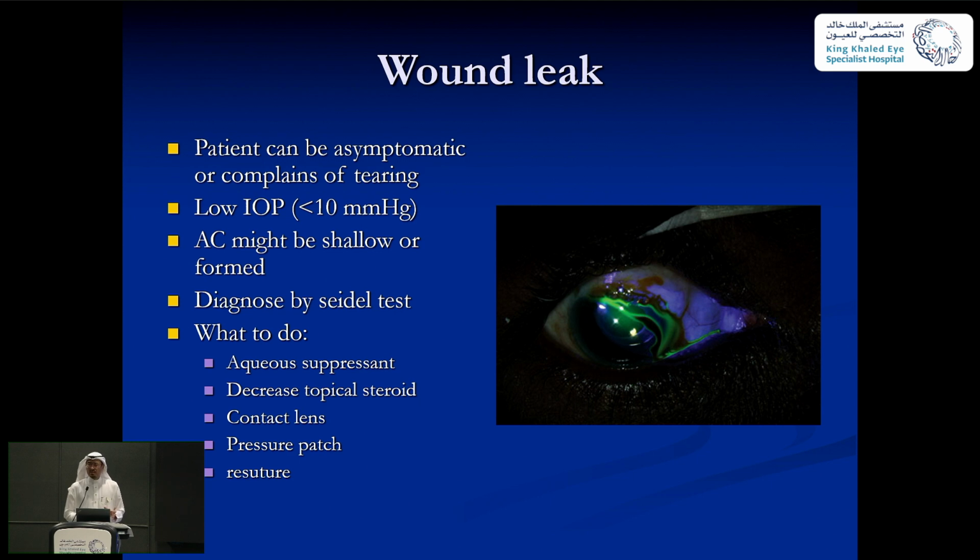In the past, there was a notion that you can use gentamicin that is irritant and can cause the wound to close spontaneously. You can use a bandage contact lens or pressure patch, but if all these measures didn't help, or there was profuse leaking to start with, you can go ahead and resuture the patient in the minor or the major OR.